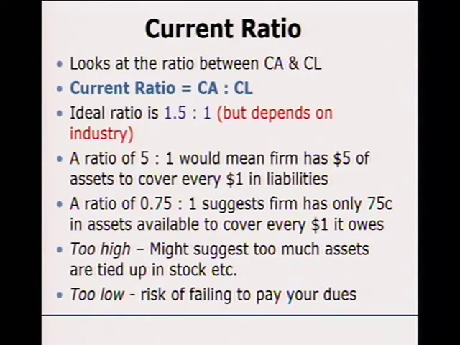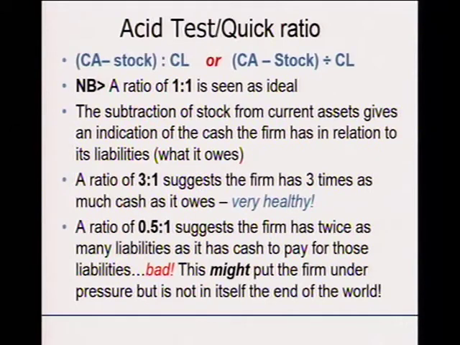It's not good to have more money than we need, because in accounting, we try to maximize value. So the excess money should be invested where it will earn a return that will bring value to the organization. And too low a current ratio, you have seen with the example of 0.75:1, is bad. It means we cannot pay our dues in the near run.